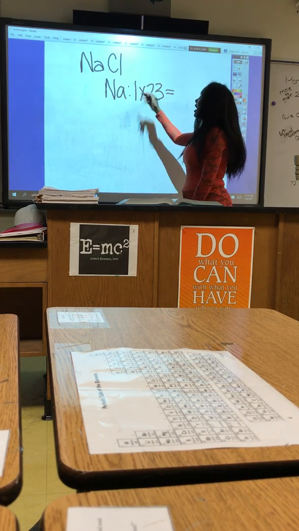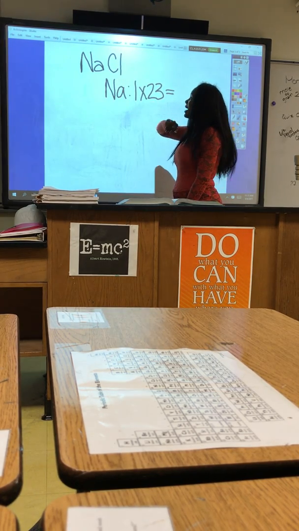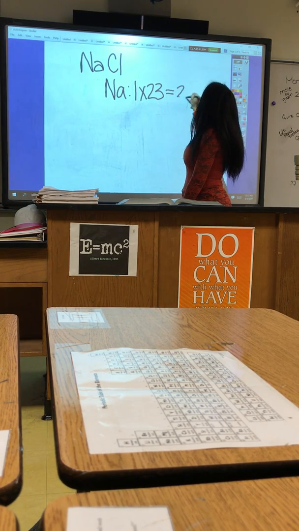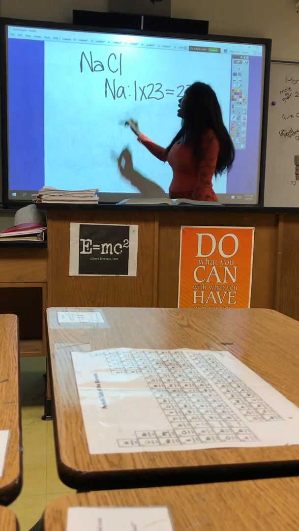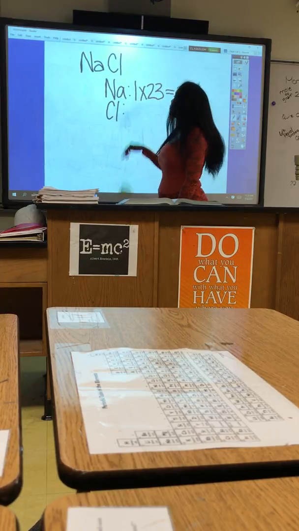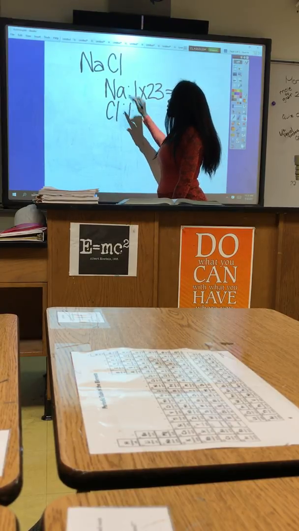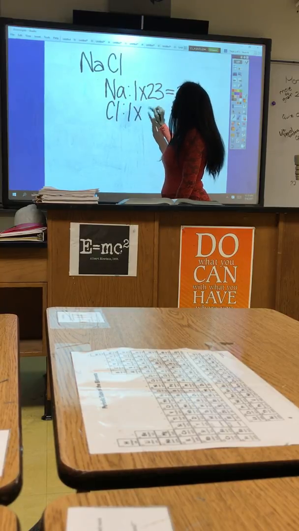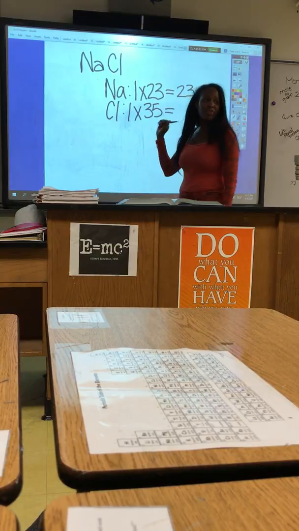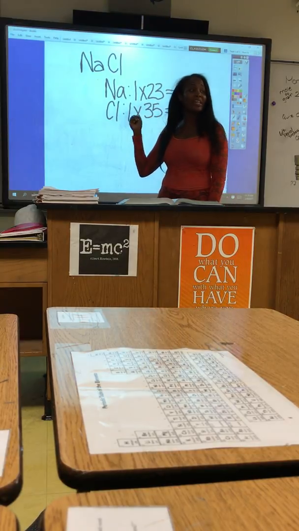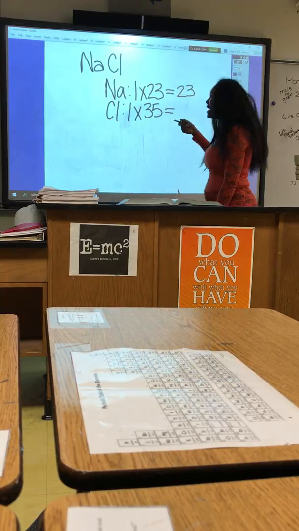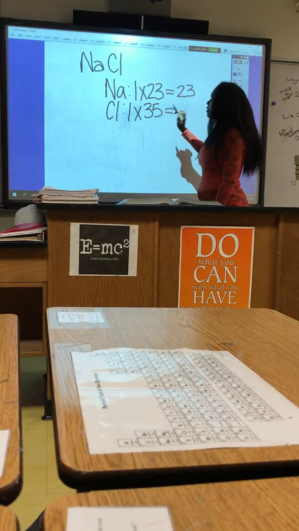So in this case, we have one sodium atom, so we would do 1 times 23, which gives us 23, right? And then we look at chlorine. How many do we have? We have 1, so 1 times 35. And we said 35 as opposed to 36 because chlorine's mass is 35.45.